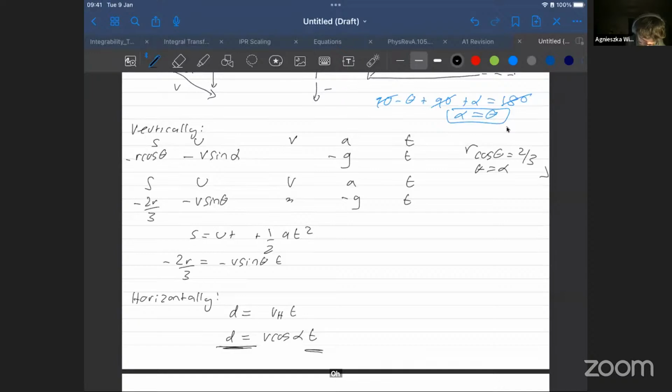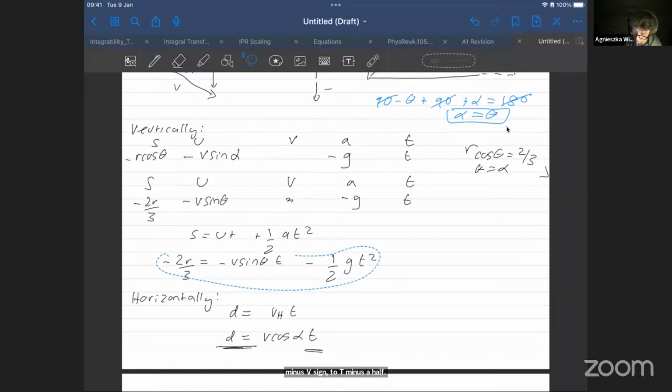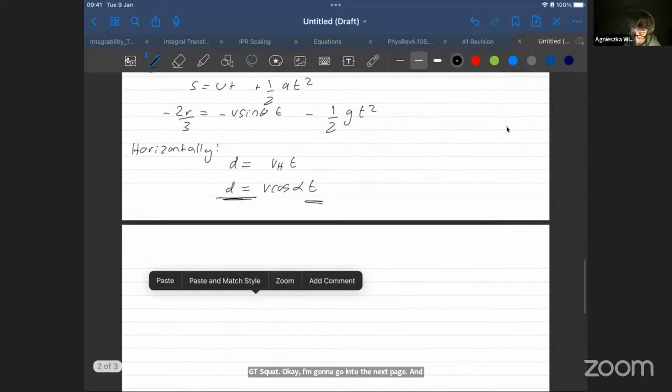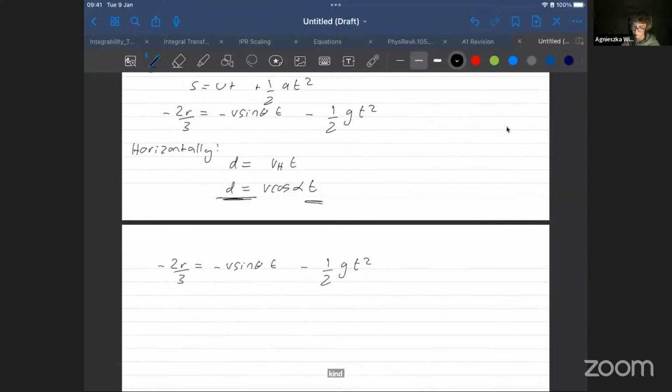Okay, yeah, I am doing it. I was just doing a bit of a sanity check. Nice. So I have this equation right here: minus v sine theta t minus a half gt squared. Okay, I'm going to go on to the next page and write it out a bit nicer, like so. Now, this is my equation.